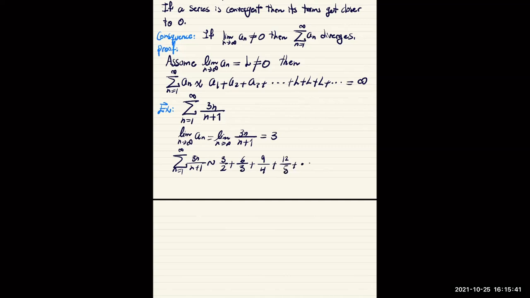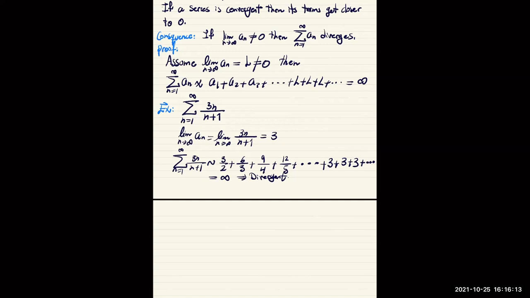But when you run the series long enough, every term is going to be really close to 3. And you're eventually adding 3 to itself forever, and that is infinity. Therefore, you have divergence. Common sense, guys.